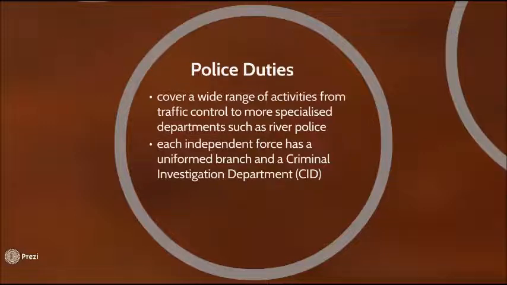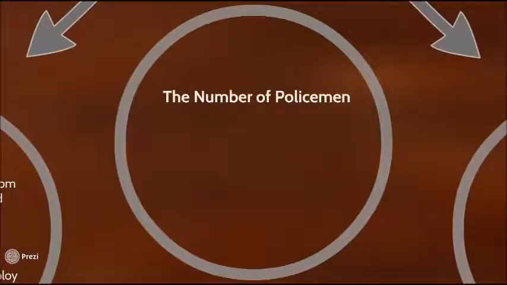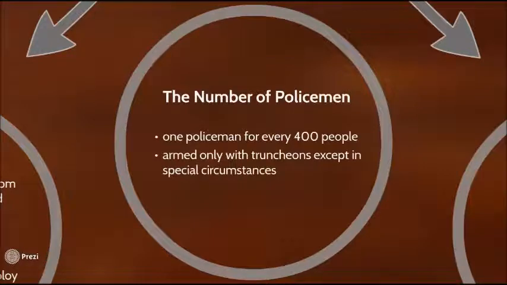In addition, the police authorities in England and Wales employ 40,000 civilians and nearly 5,000 traffic wardens. Britain has relatively few police, approximately one policeman for every 400 people, and traditionally they are armed only with truncheons except in special circumstances.